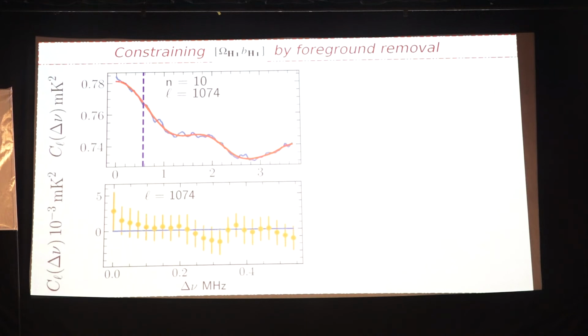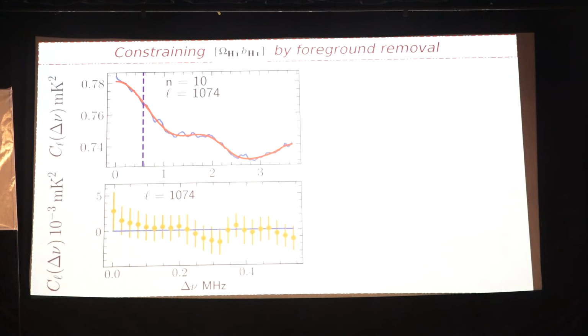We subtract the fitted data from the measured values, and these are the residual points, which are mostly consistent with the zero line, that is the noise line. So we can say that we have successfully removed foregrounds from this region and we have reached the noise level. These are the 2 sigma error bars.